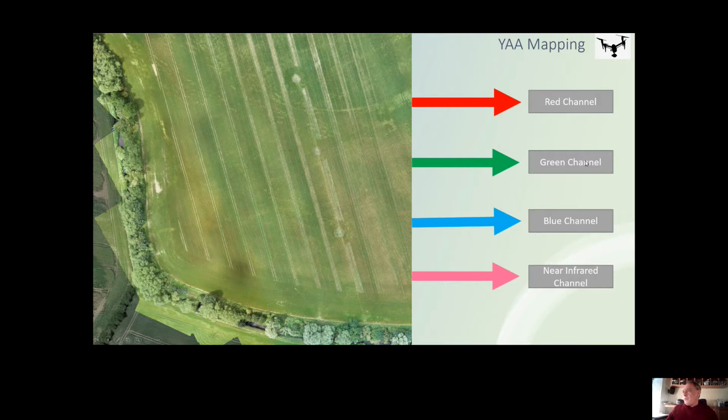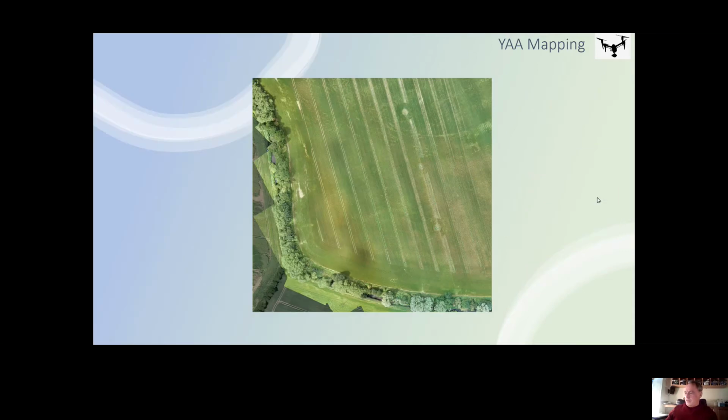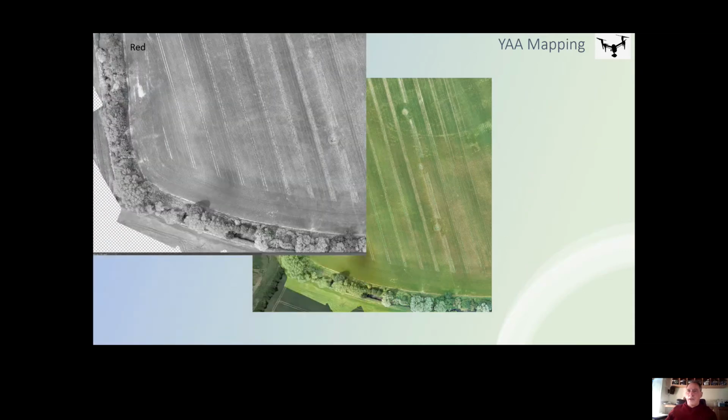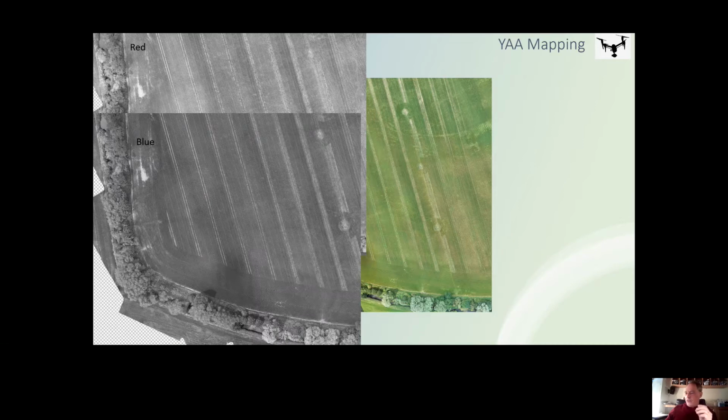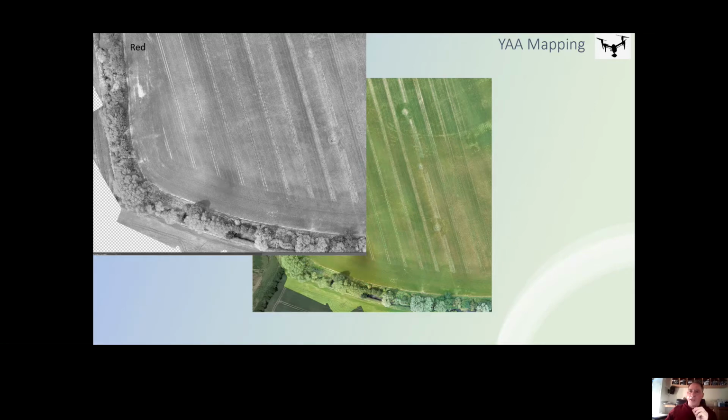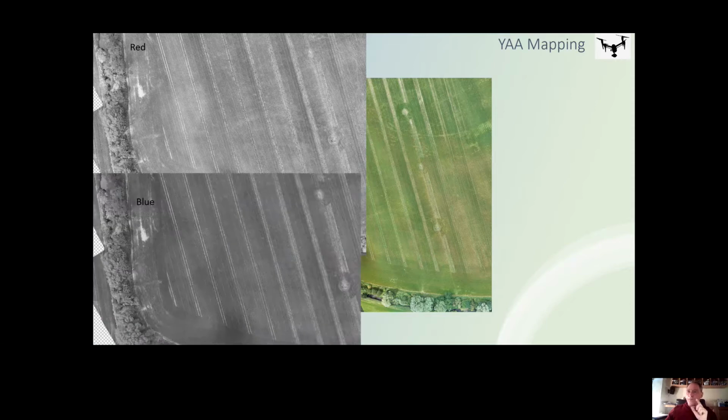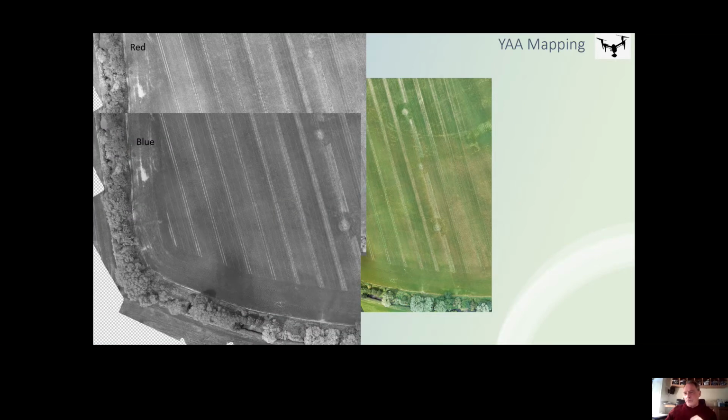Now, the first thing we did was split this image out into the 4 channels. So these are the color channels we talked about: we got red, green, blue, and the near infrared. So let's do that. So okay, here's the red channel. Now you'll see that actually we are starting to see that in the red channel there is some archaeology. Remember, red is absorption, so red is showing us light which frankly is being absorbed by the plant, and the blue is also absorbed.